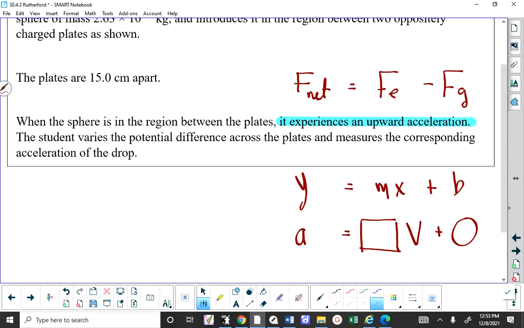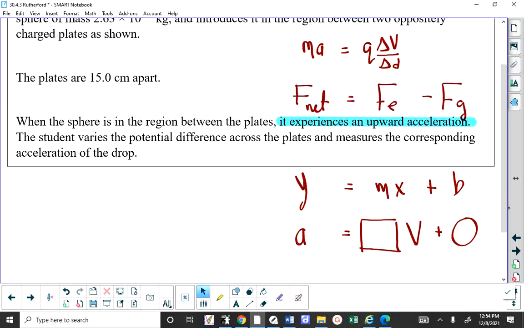Well, I take this equation here. I'll do it above. F net is ma. Fe is q times voltage over distance, minus Fg, well, that's mg.